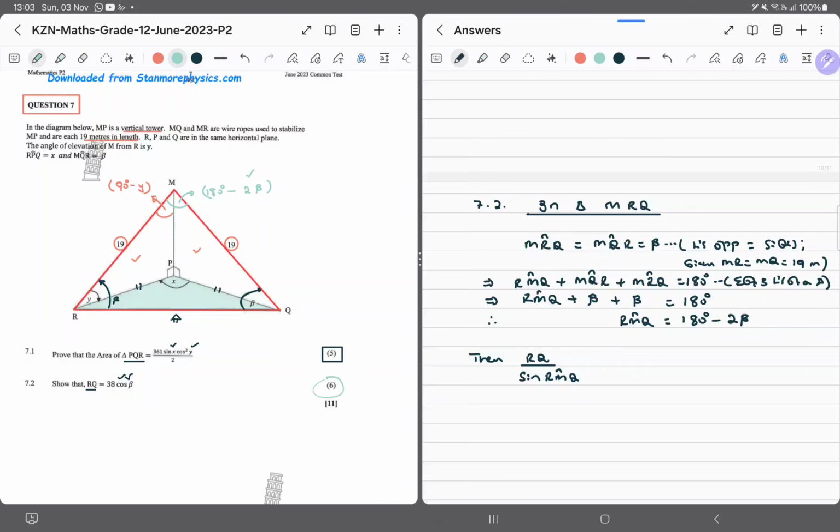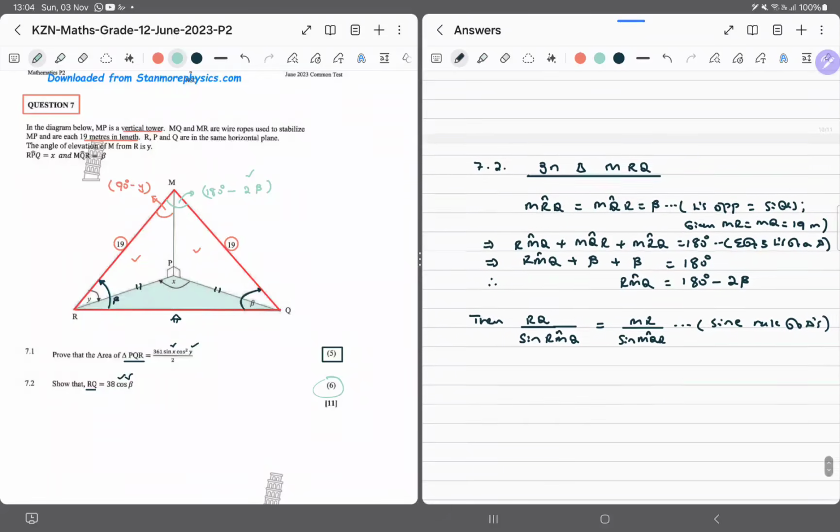Now, what are we saying? This is equal to, we can choose any one of these other two angles. So let's choose the one that was already given. So this is going to be MR over sine of MQR, because that was given. So we know that this is the sine rule in this triangle.